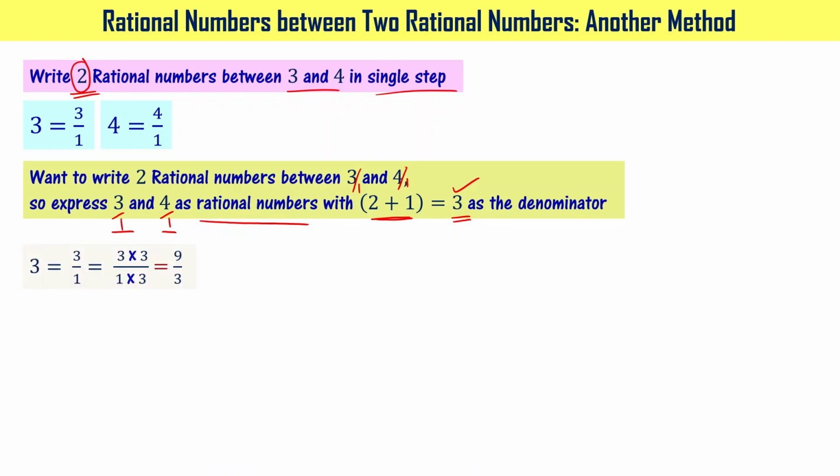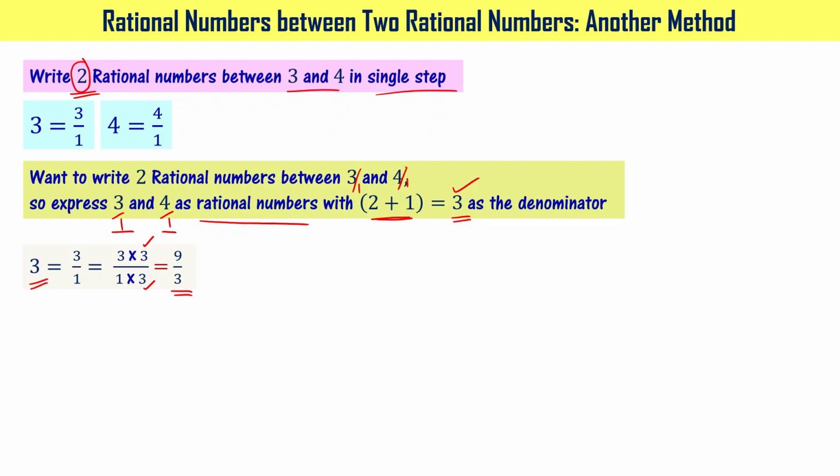When you do that, 3, that is equal to 3 by 1, can be written as 9 by 3. What I have done here is multiply the numerator and denominator of 3 by 1 with the number 3, right? So 3 times 3 is 9, 1 times 3 is 3. So 9 by 3 is equal to 3.